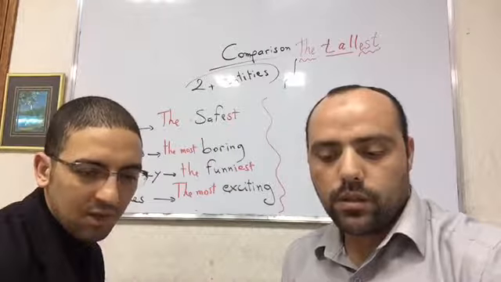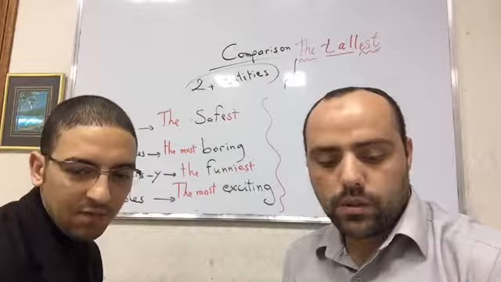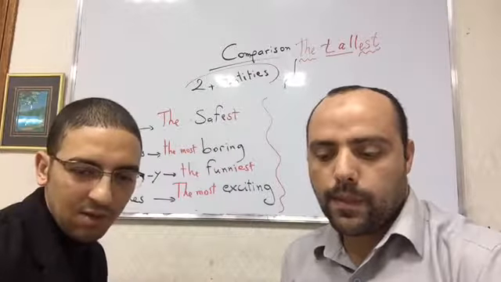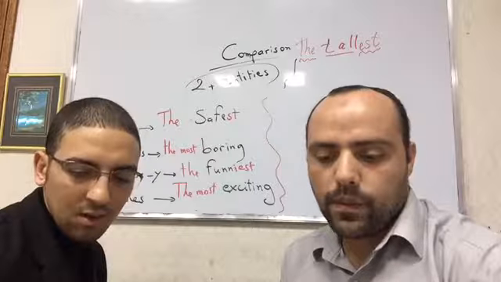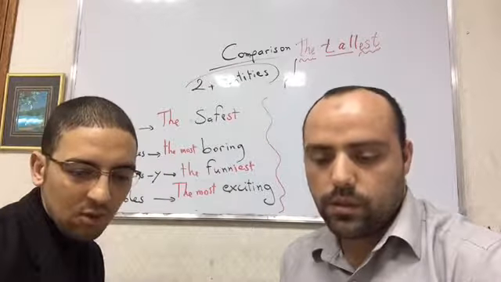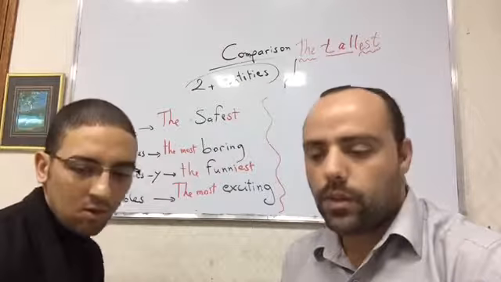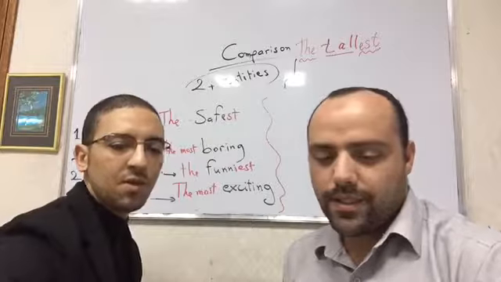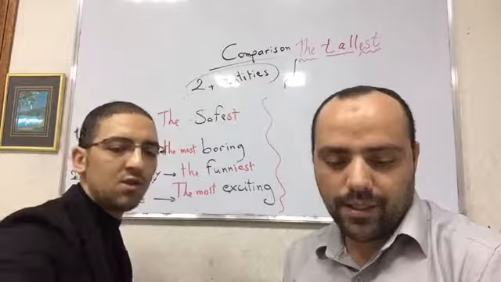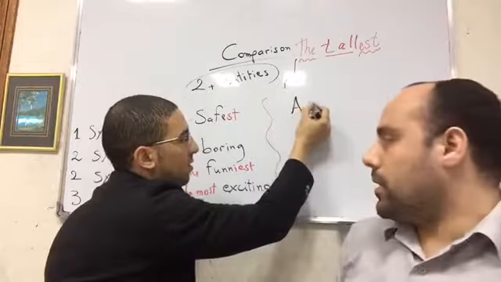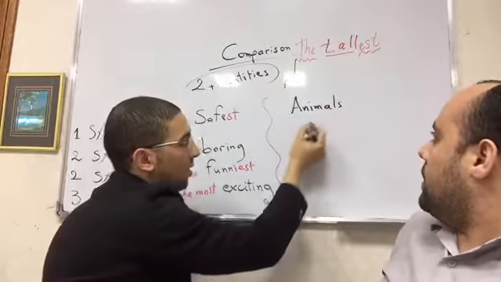Let's begin with a one syllable adjective. Let's use animals, because it's going to be easier.